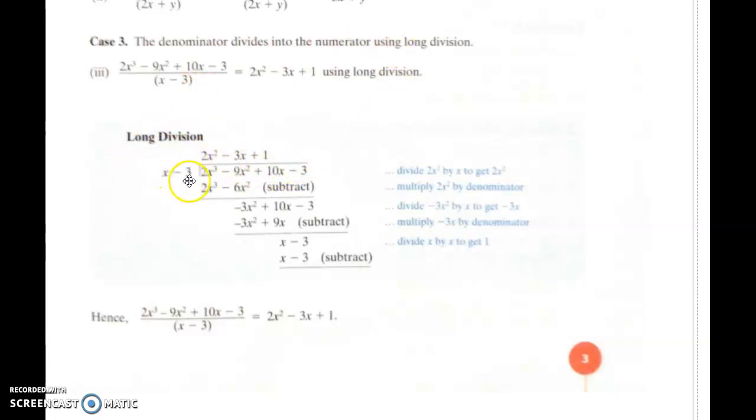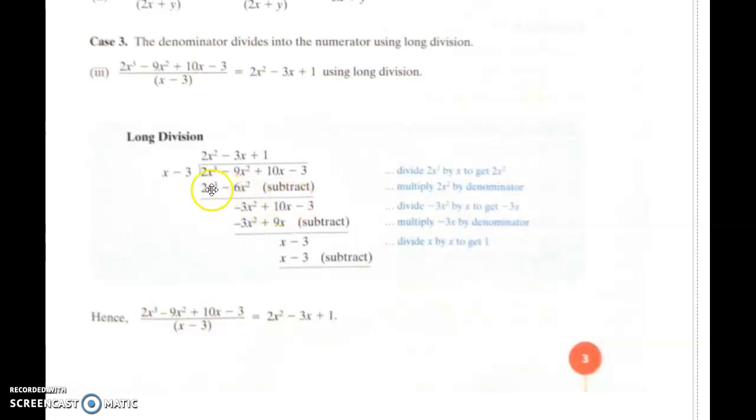The first goes into the first and the answer goes on top. So x goes into 2x cubed 2x squared times. Now I have to multiply 2x squared by everything. So 2x squared by x is 2x cubed, and 2x squared by minus 3 is minus 6x.